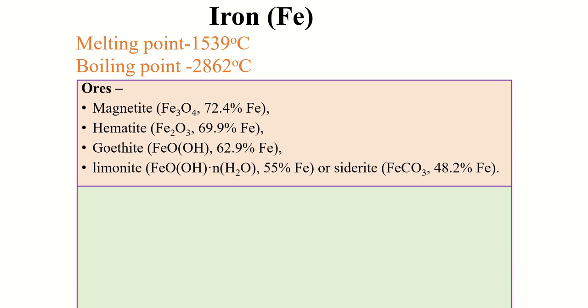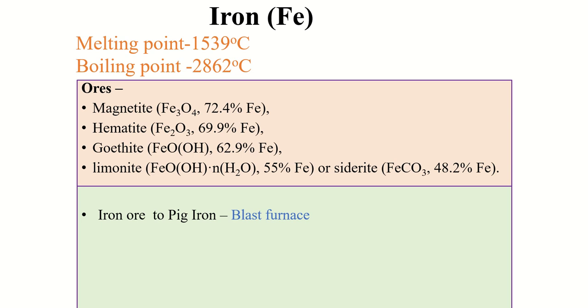There are different processes from which steel or other forms of iron are produced. A very important process is the blast furnace process, in which iron ore is converted into pig iron. Pig iron is used to make steel and cast iron.